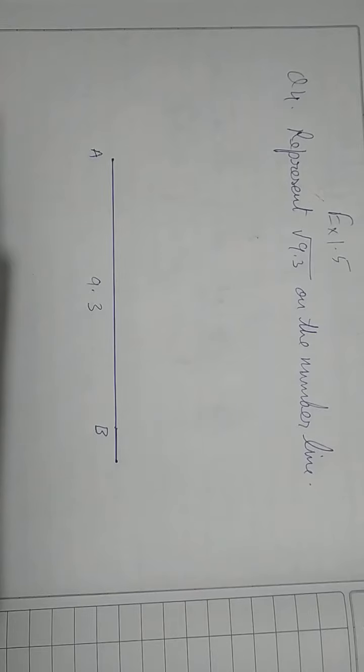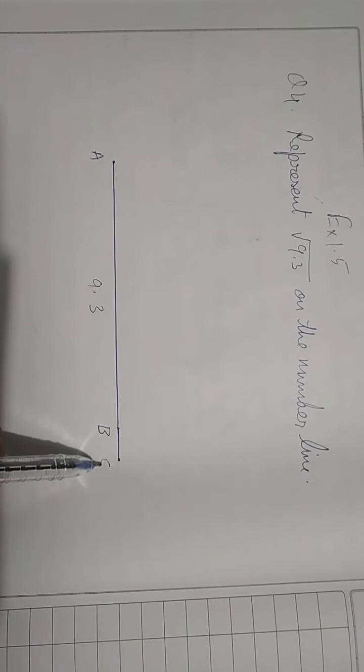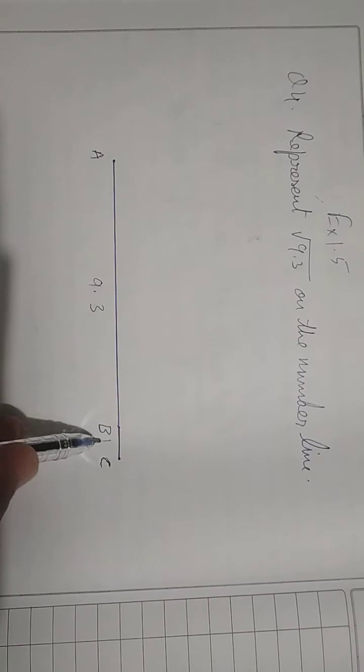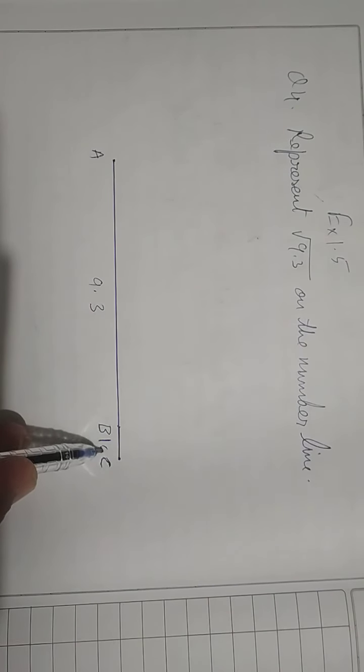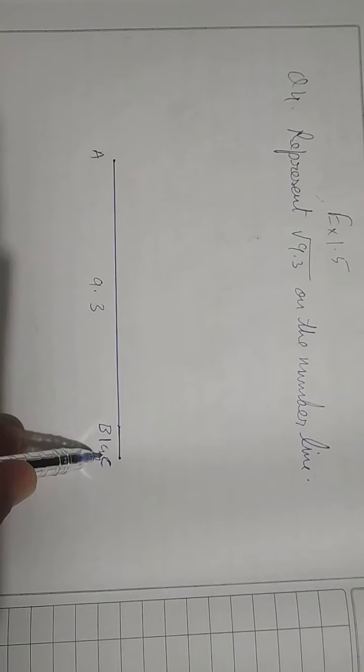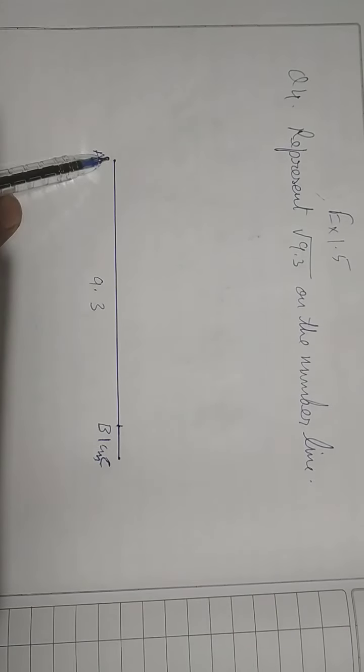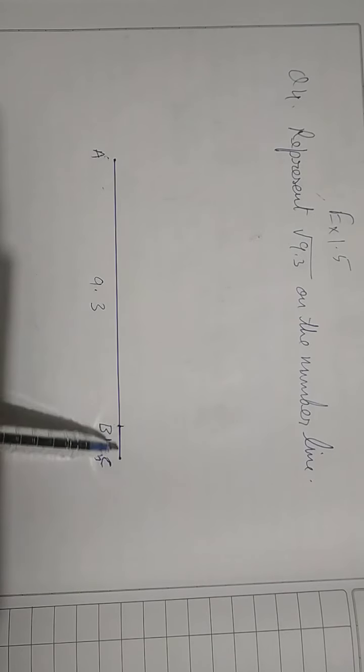So this I have taken BC. From B to C, this is 1 centimeter. From A to B it is 9.3, and from B to C I have extended this. I have produced AB to point C such that BC is 1 centimeter.